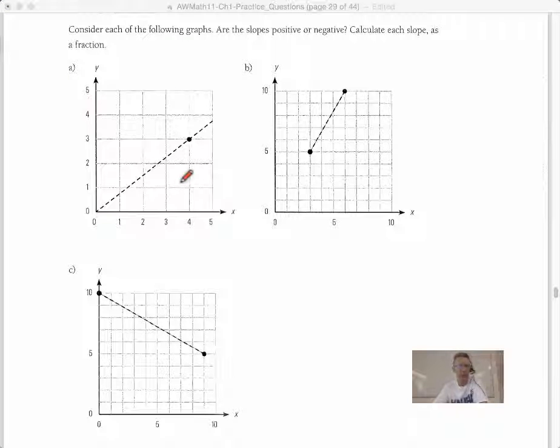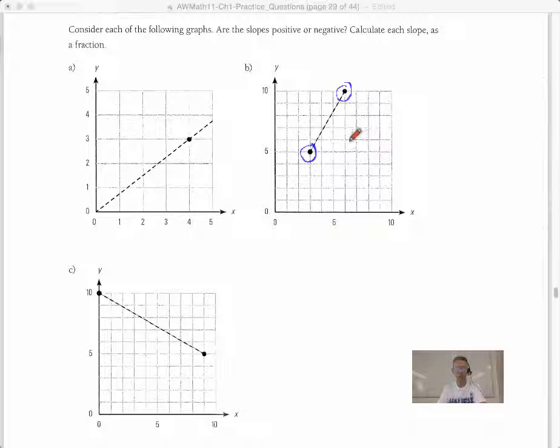If you remember, if a slope is going up from left to right, slope is positive. If it's going down from left to right, it's negative. And we can calculate these quite quickly. We want to take a couple of points that are easy to calculate. So let's look at this one here and this one here, for example.